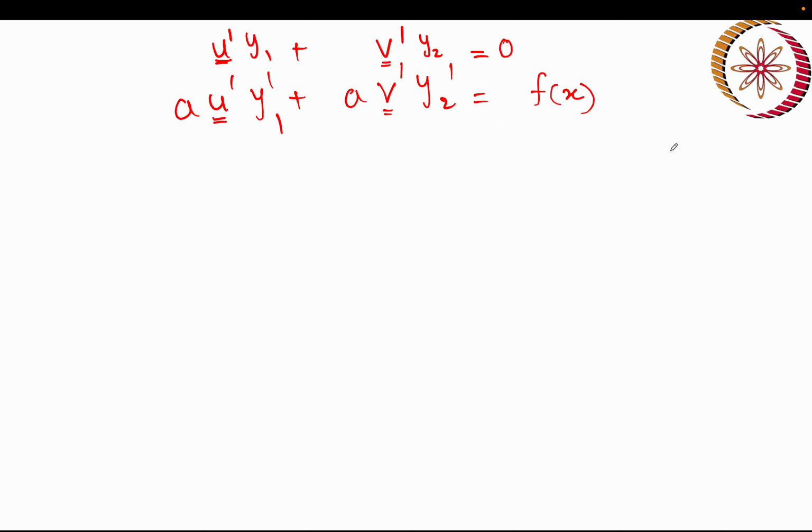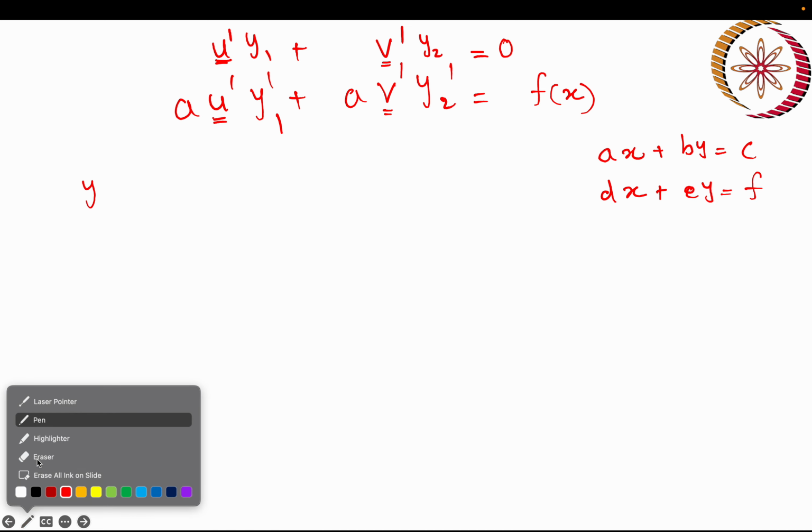This is nothing but like having the equations ax plus by equal to c, and dx plus ey equal to f. So we can use Cramer's rule to find out x and y. Similarly, we can find out u prime and v prime here.